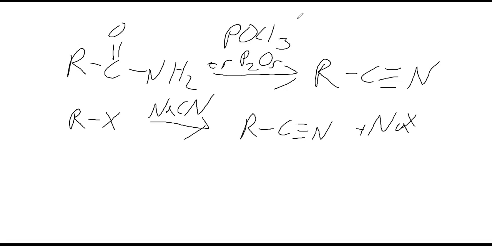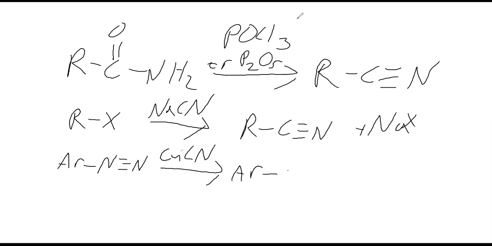And of course, we could do this with a diazonium using copper cyanide. We kind of covered this a chapter or so ago. It kicks off dinitrogen. And we could do this with a ketone.